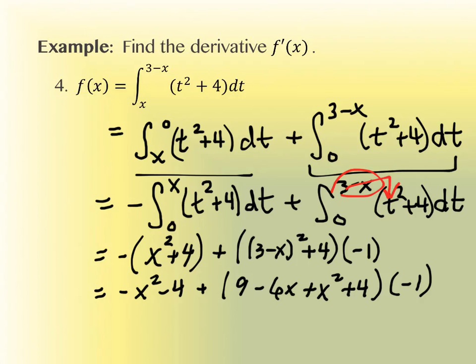You can either combine like terms inside that second parenthesis and then distribute the negative, or distribute the negative first. It doesn't matter. I'm going to just distribute the negative and then combine everything at the end. So I've got negative x squared minus 4, minus 9, plus 6x, minus x squared, minus 4.